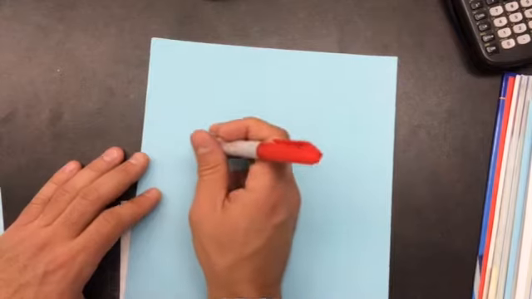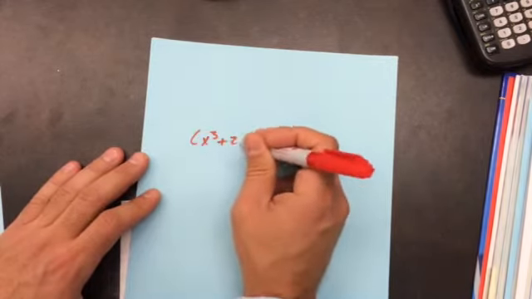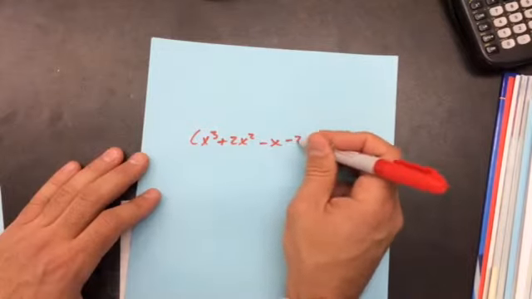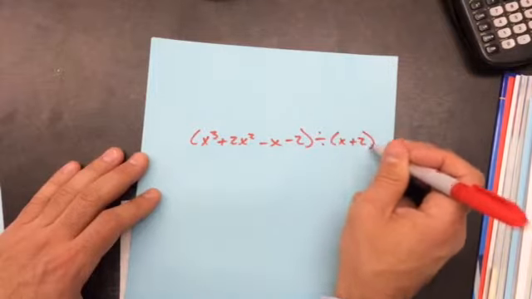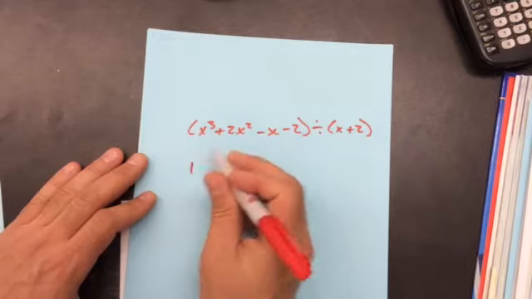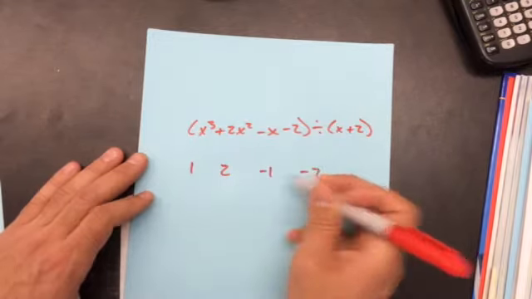So if I have x to the third plus 2x squared minus x minus 2 divided by x plus 2. I'm going to set up all of my coefficients right here. There's 1, 2, -1, -2.